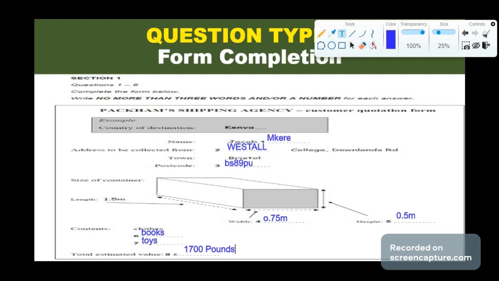You'll hear a telephone conversation between a customer and an agent at a company which ships large boxes overseas. Good morning, Packham's shipping agents. Can I help you? Oh, yes, I need to make inquiries about sending a large box, a container back home to Kenya from the UK. Yes, of course. Would you like me to try and find some quotations for you? Yes, that'd be great. Thank you. Well, first of all, I need a few details from you.